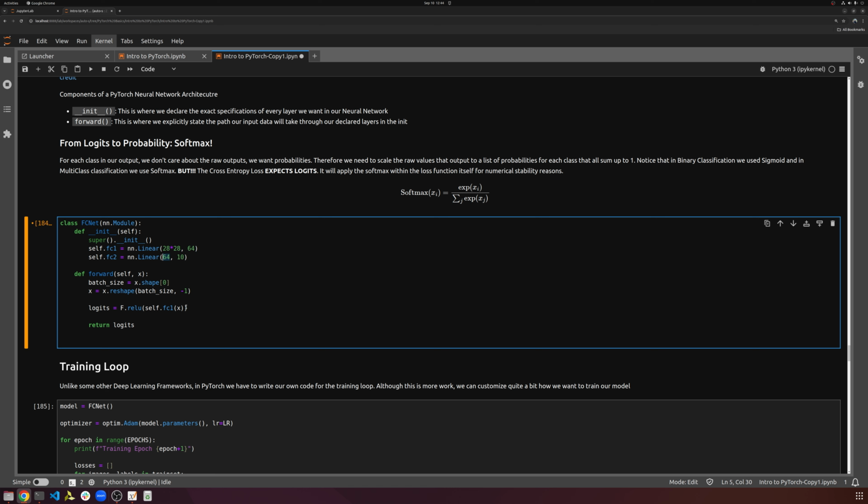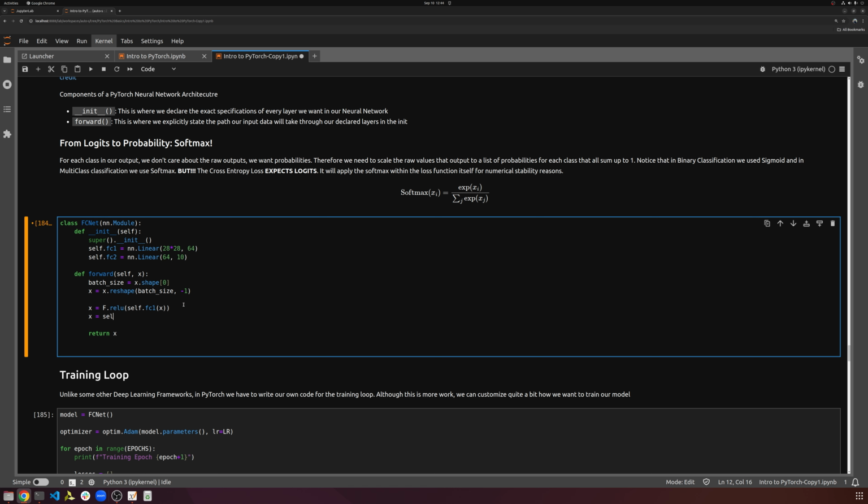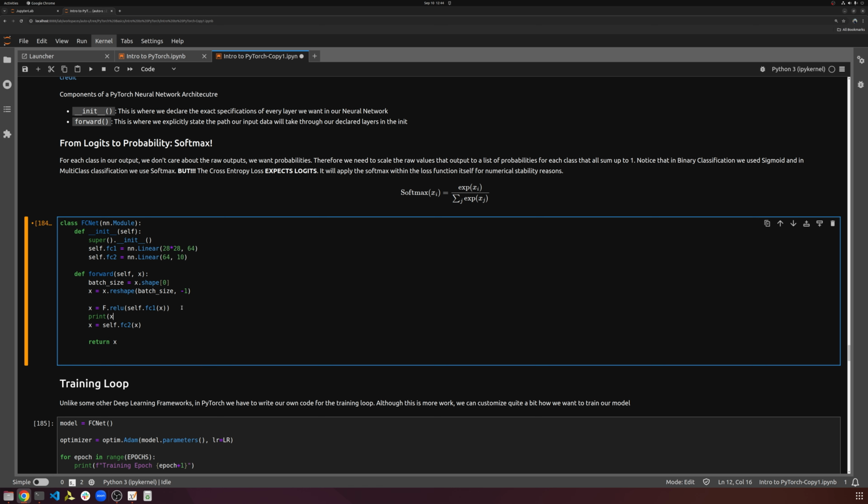And so now what we can do is let's do x here, and x is then equal to self.fc2. So what have we done? We took our input, passed it through this layer, which goes from 784 down to 64. So if we print x.shape, and let's just create that rand as torch.randn, 16 by 1 by 28 by 28.